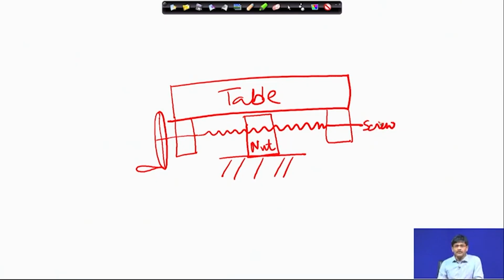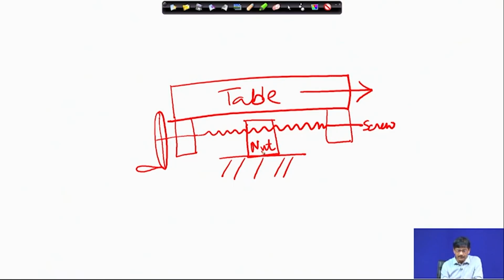The advantage of this is that, mind you, here there is clearance, these are almost touching, they should not. So, nut is fixed, screw rotates. So, the whole thing together with the handle, with the table, etc., they start moving from one position to another by virtue of this rotation. Table moves, these support bearings move, this screw moves together, nut remains stationary.